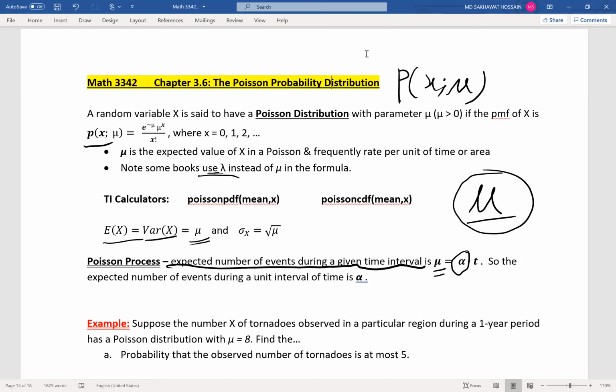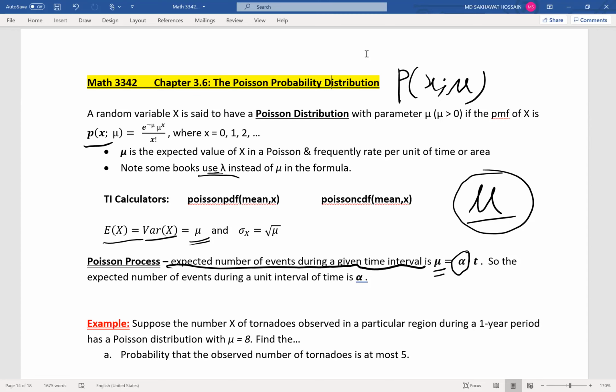For example, if you consider the car example, if the given time is 2 hours, maybe you will be given the expected number of cars passing the traffic signal in 1 hour. But we are interested in a 2 hour period. But the expected number was given for 1 hour, per hour.